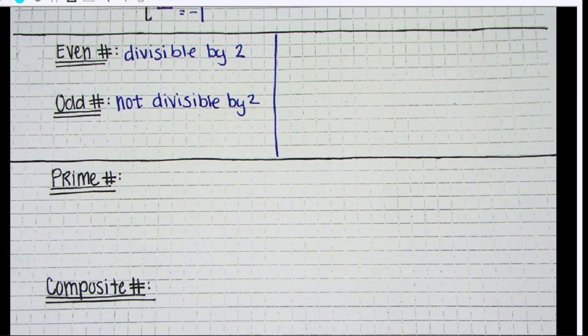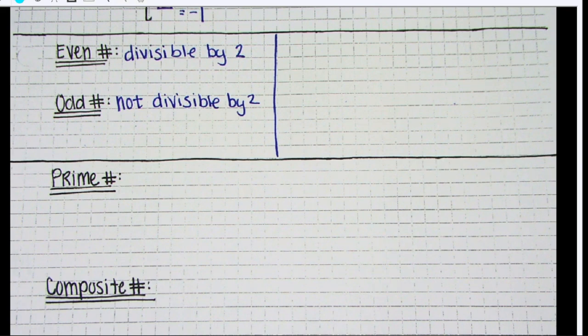The way that the ACT makes that difficult is they take the numbers away and describe the numbers instead. So the ACT would say, A and B are odd numbers. What is A plus B going to equal? And you're going to sit there and go, well, they didn't give me any numbers. I have no idea. But all you have to do is think about even versus odd. So you can do all of these problems. Just think about the definition.